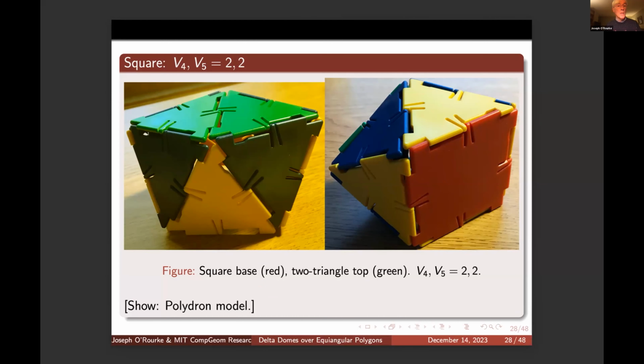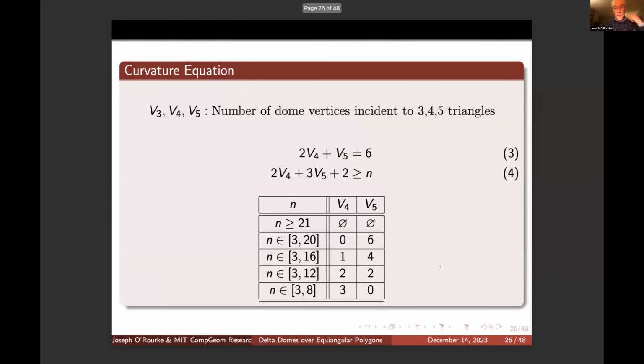But these two on the other end, you can't really see them. They only have 4 incident. So there are 2 of those. So V4 and V5 is 2, 2. So back to here. So all of these are possible.